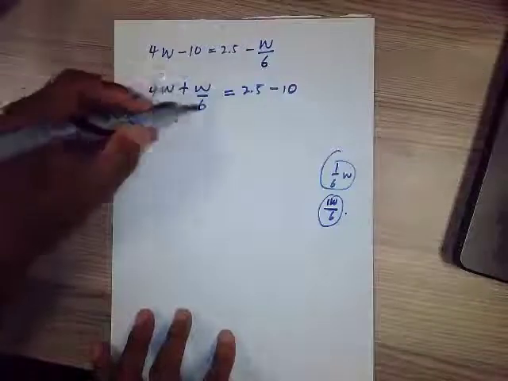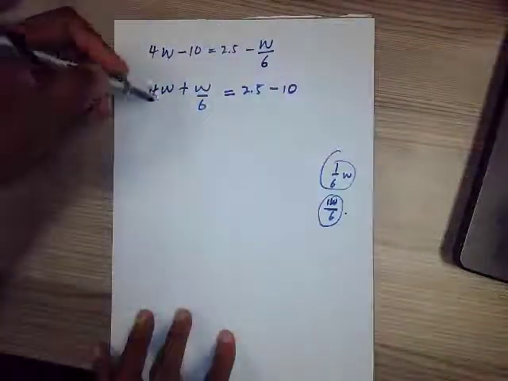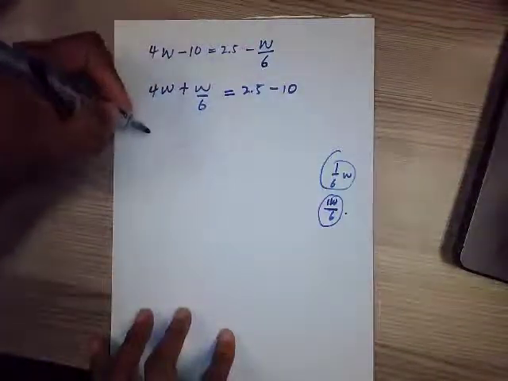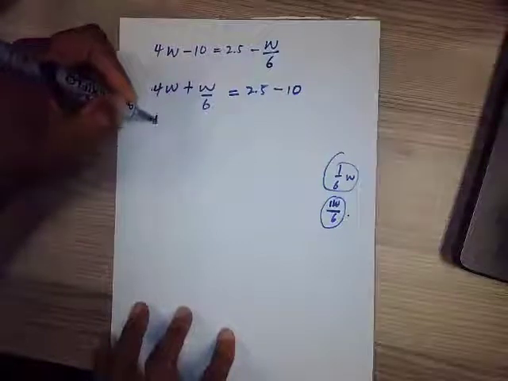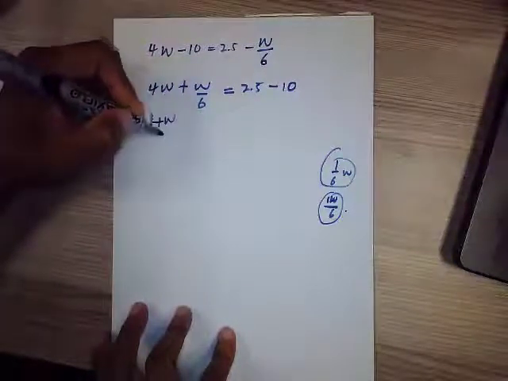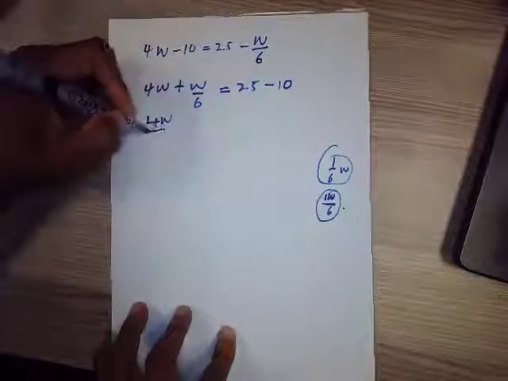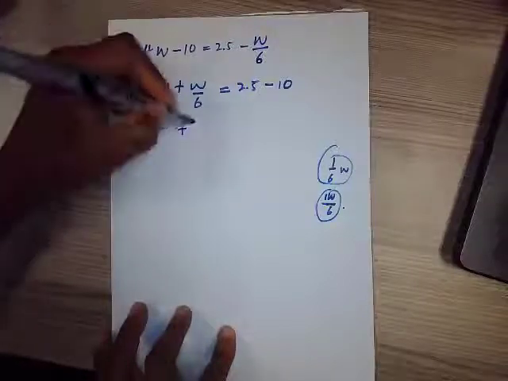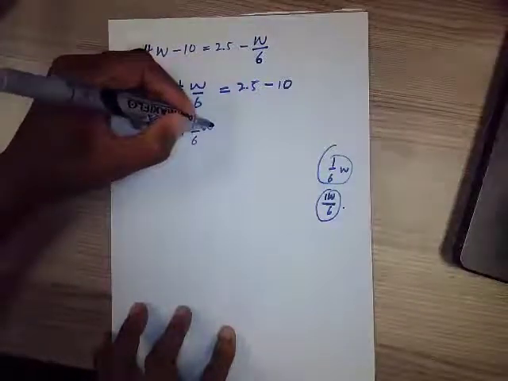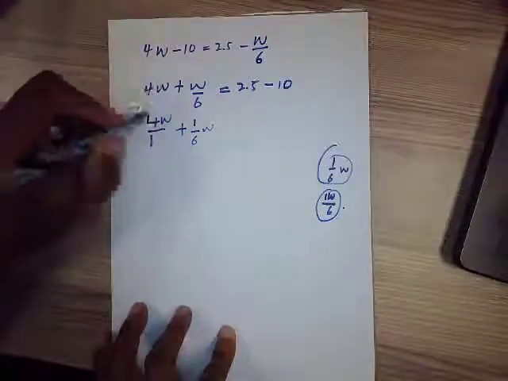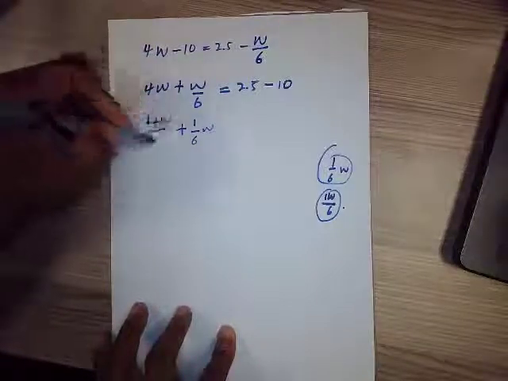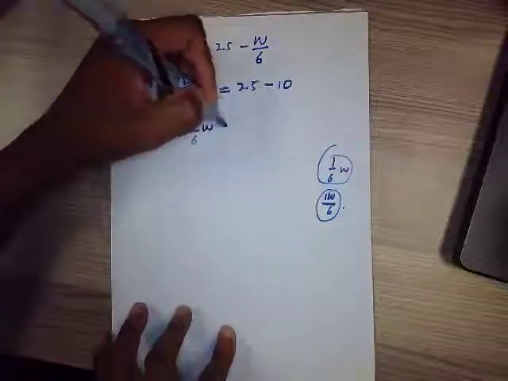So it's the same terms basically. So you can write it as 4w over 1 plus 1 over 6w. I hope you get that. So I will show you just now how that came about.